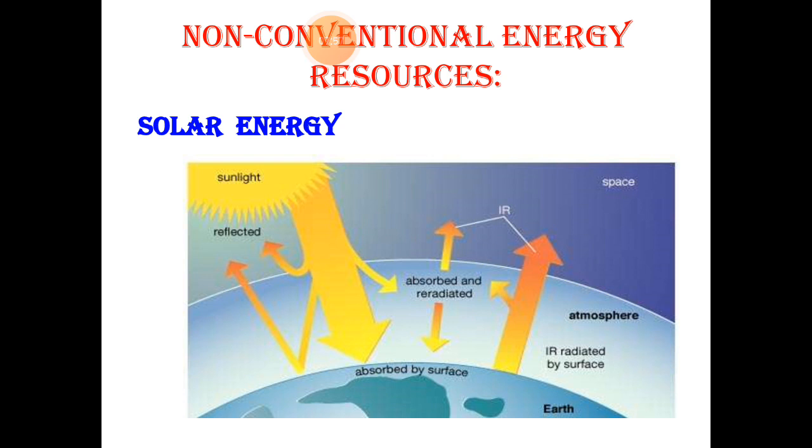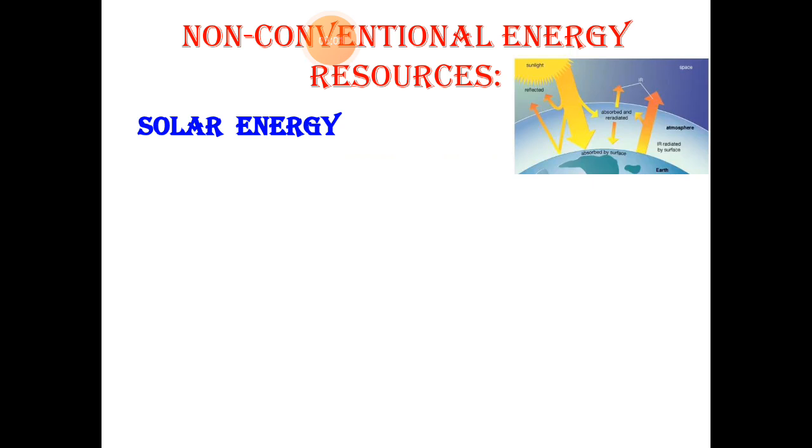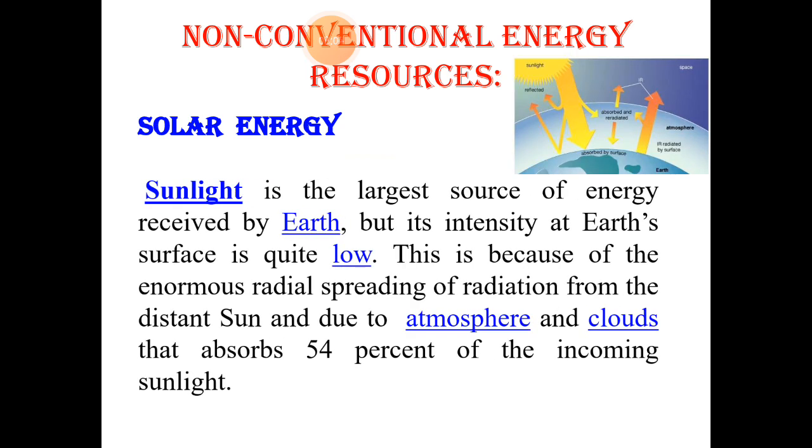As these radiations pass through the atmosphere and clouds, approximately only 54% of sunlight reaches the earth.